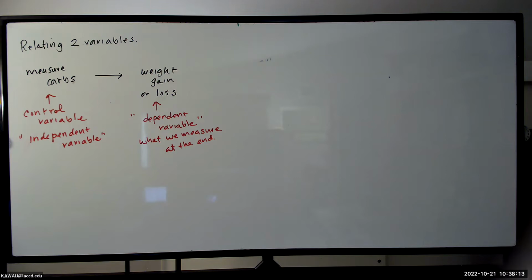Okay, so let's look at this one. Over here, one cow is given a growth hormone, and one is not given growth hormone. So the independent variable is whether they're given a growth hormone or not.